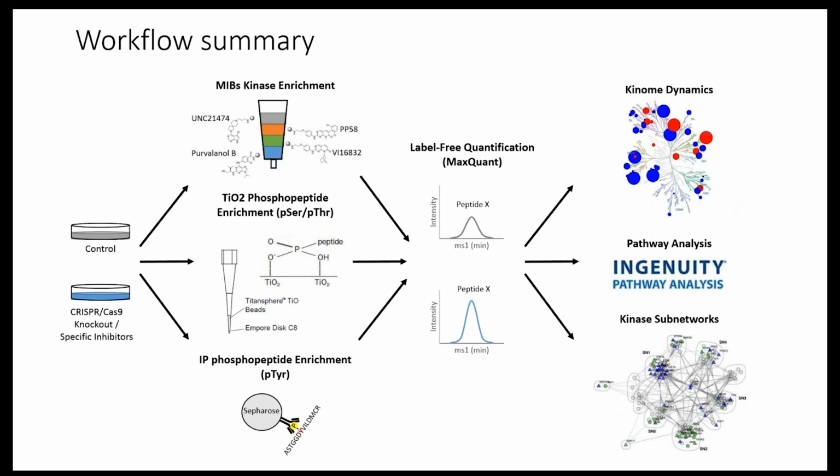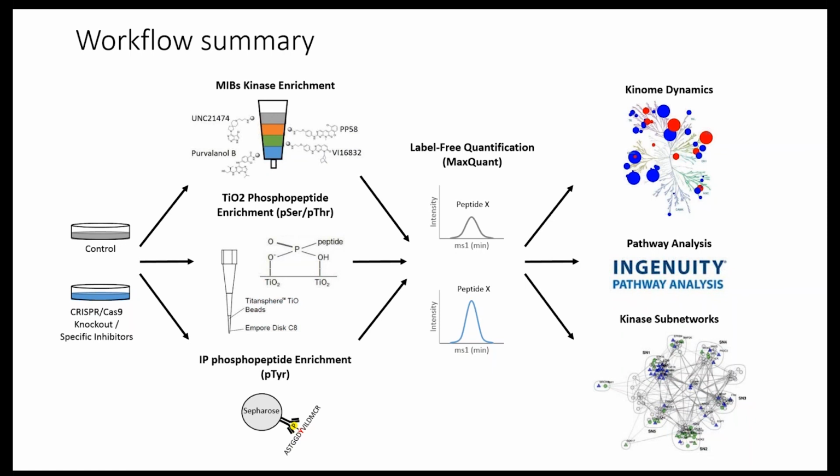Can do knockout. We've also now got the inactive Cas9 CRISPR working where we can do controlled, modest increased expression of specific kinases. And we couple this with our MIB inhibitor binding, which I mentioned before, in terms of the phosphorylation state, where we use titanium oxide enrichment of phosphoserine and phosphothreonine along with antibody capture of phosphotyrosine peptides.